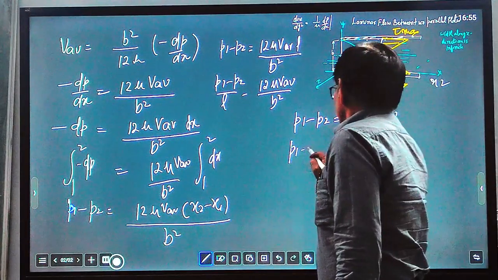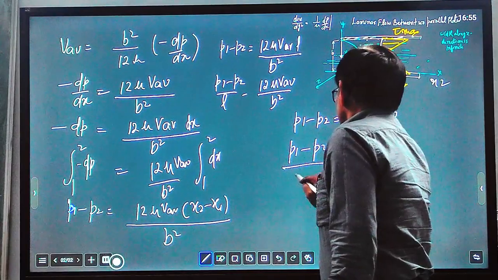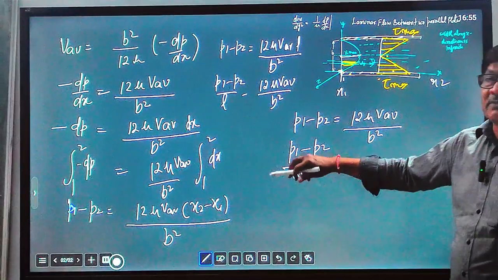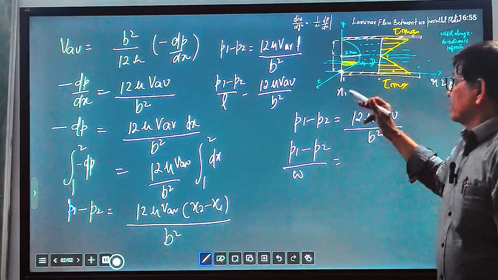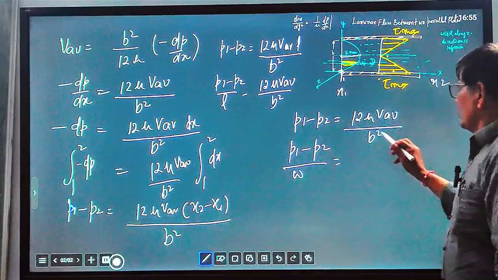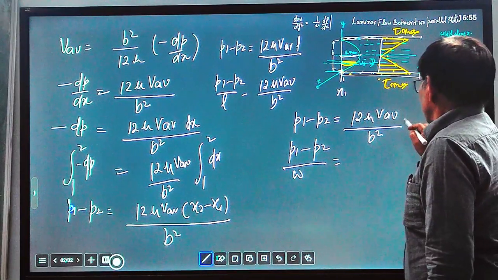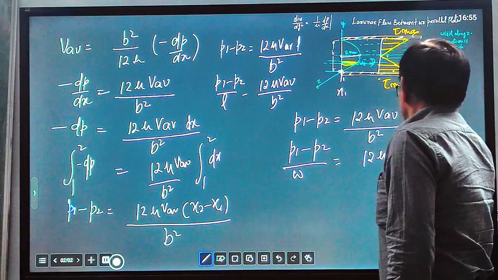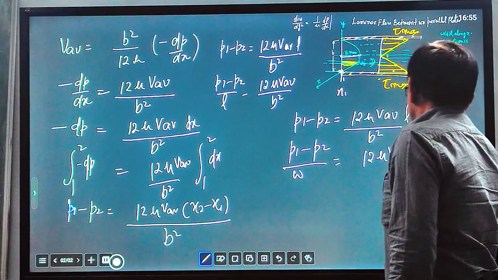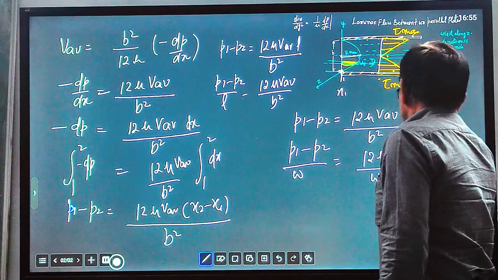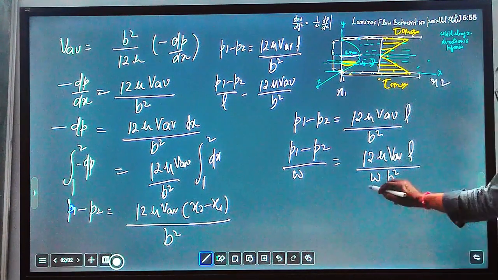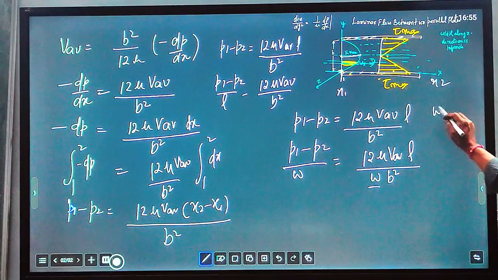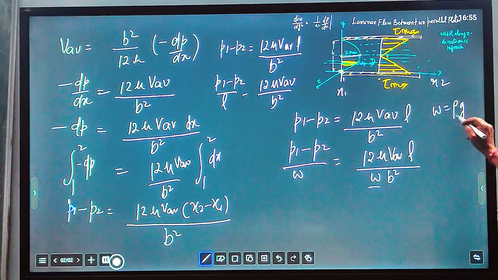Dividing P1 minus P2 by the specific weight of the water gives the pressure difference in terms of the head loss between 2 points, so 12 mu V average L upon omega B square. Here small w is the specific weight, which is rho g.